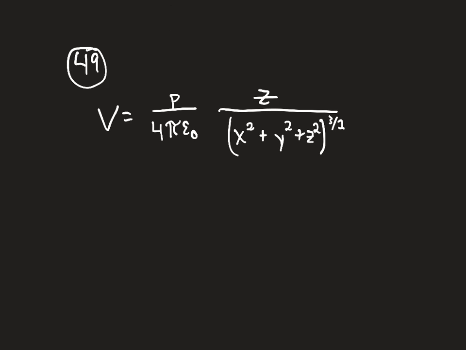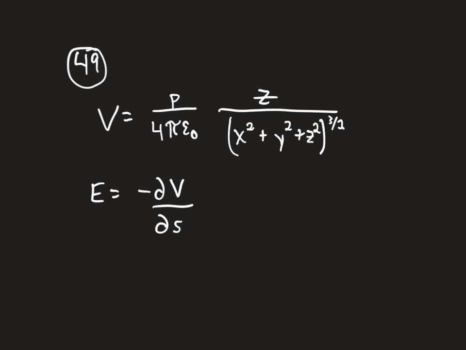And the electric field is always equal to the negative partial derivative of something with respect to direction. I think that's the format that your book gives it in. It's curly d, partial derivatives. How many have seen partial derivatives before in your life? What does a partial derivative mean?